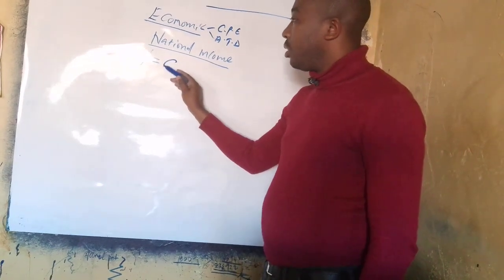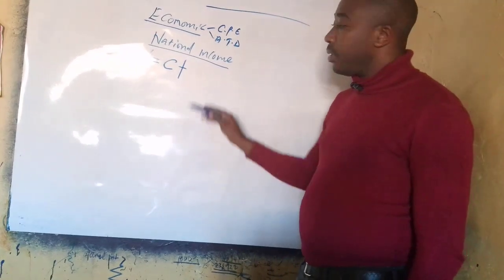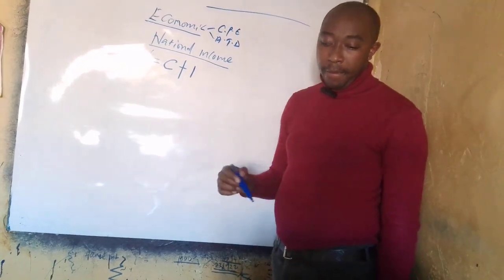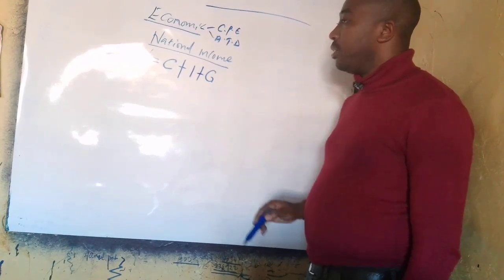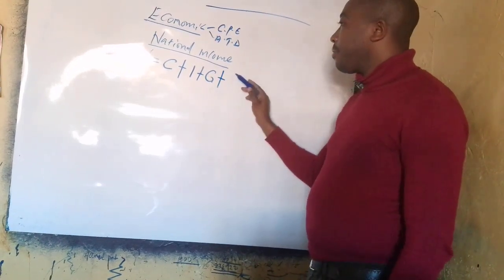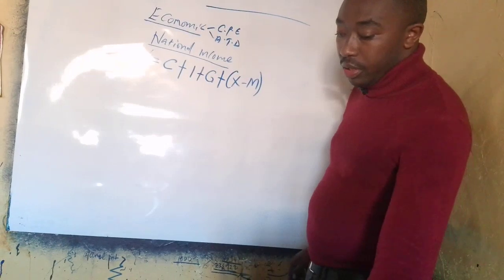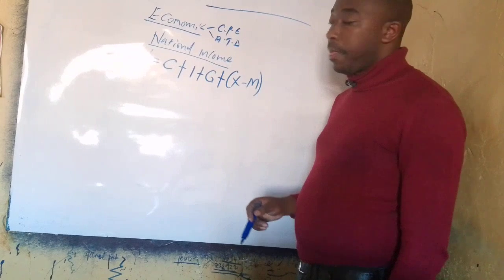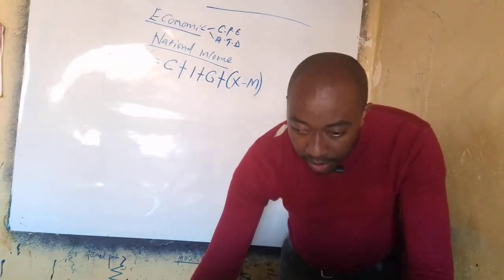Y is equal to consumption represented by C, investment represented by I. We have government expenditure represented by G. Then we have export minus import. That is the equation for equilibrium national income. Having said that, here comes a question.